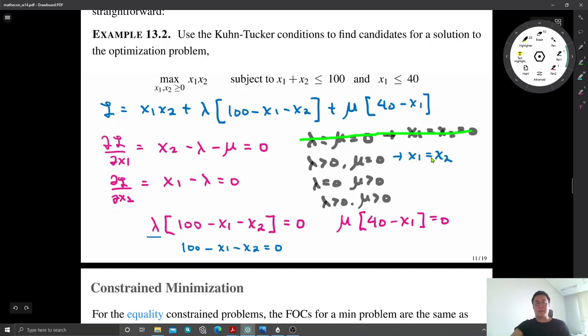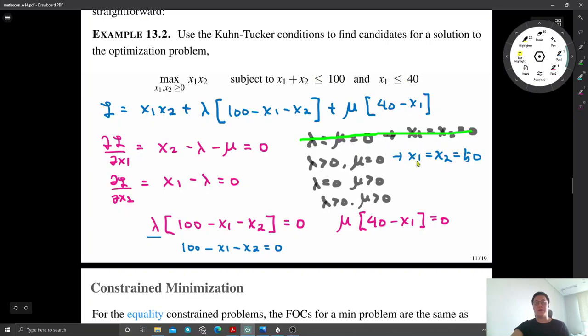But we have the same value of x1 and x2, so after substitution, each variable takes a value of 50. But this violates the second condition of the Kuhn-Tucker theorem, which requires that both constraints be satisfied.